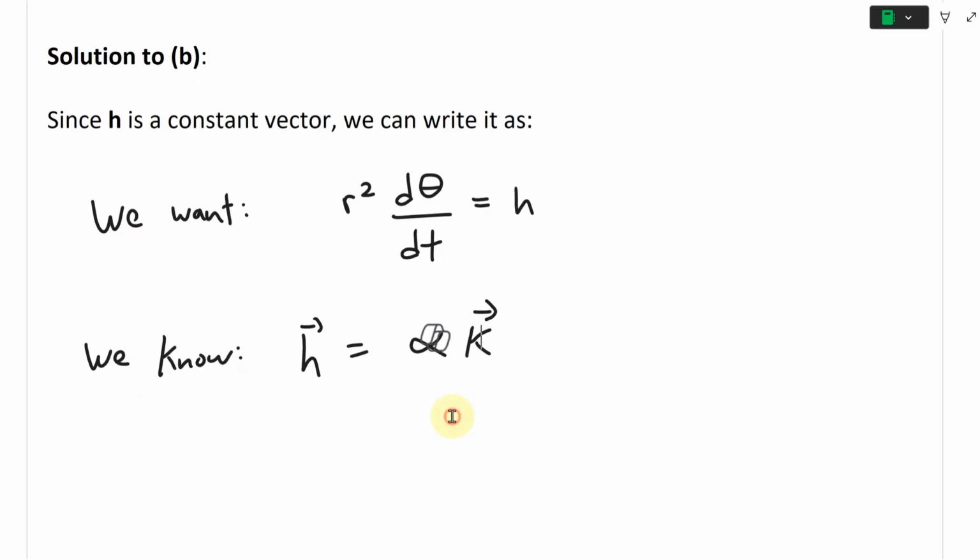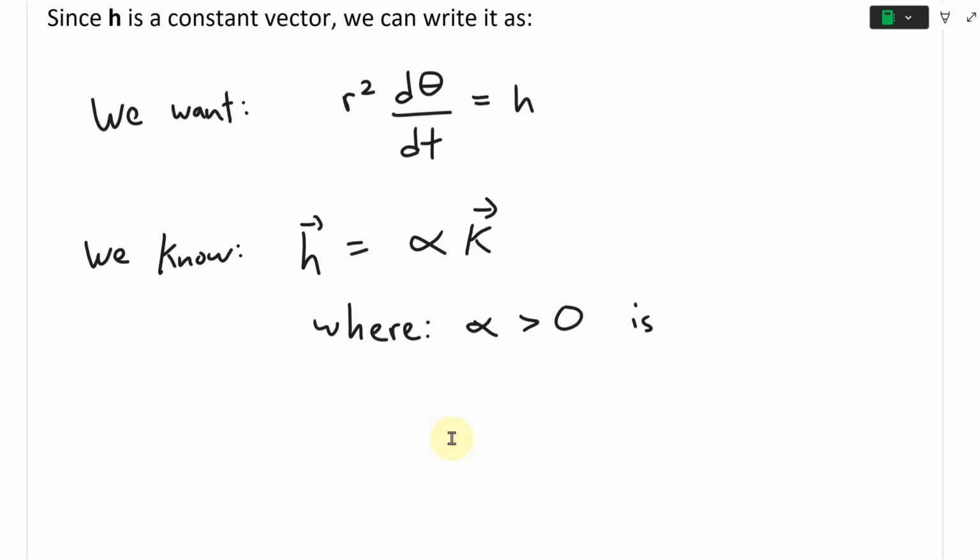So basically it's a constant, just a constant scalar multiplied by k. It's in the direction of that unit vector, where alpha is greater than 0 and is a constant, and I'll move it down here so we have some room. All right.